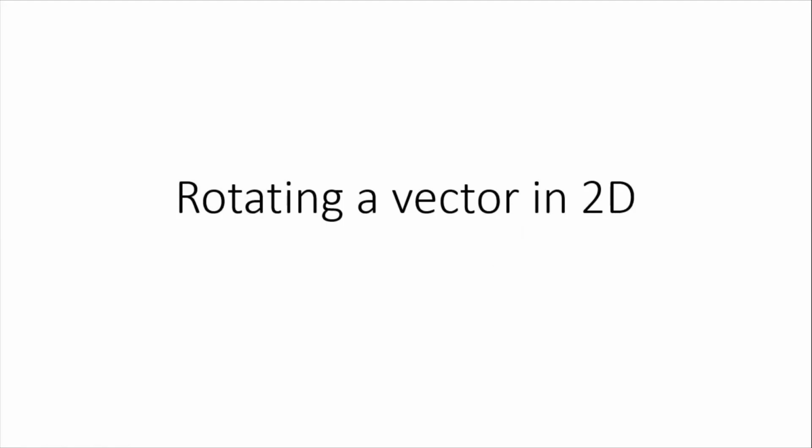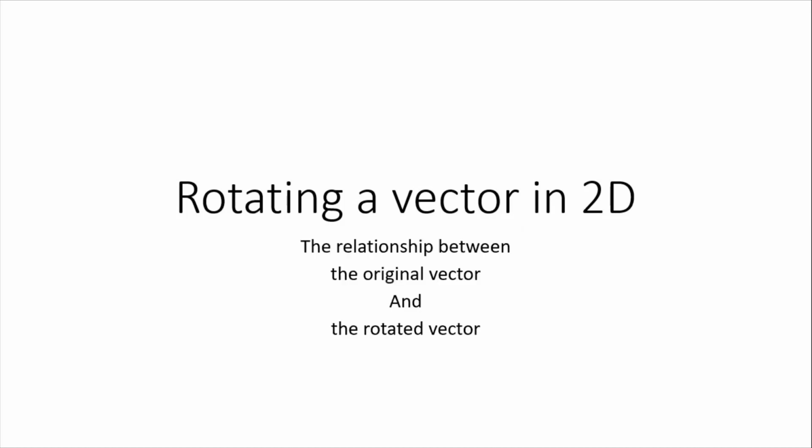In this session, we'll be discussing rotating a vector in two dimensions. More specifically, we'll talk about the relationship between the original vector and the rotated vector. First, I want to say what's the prerequisite for this video.